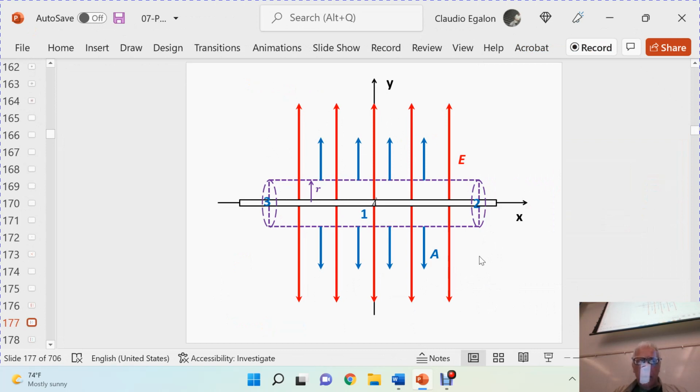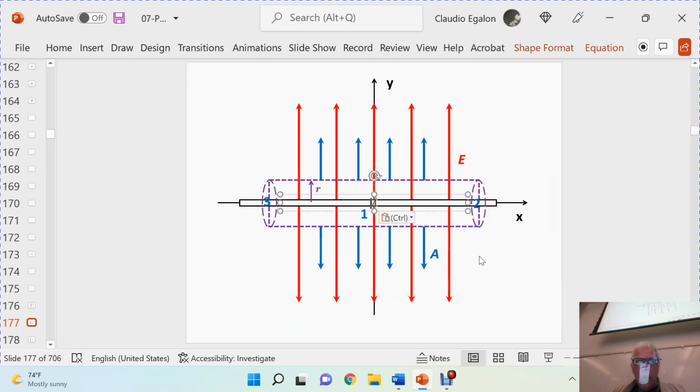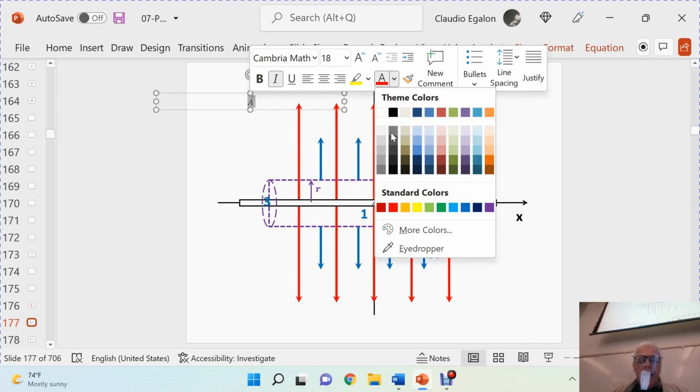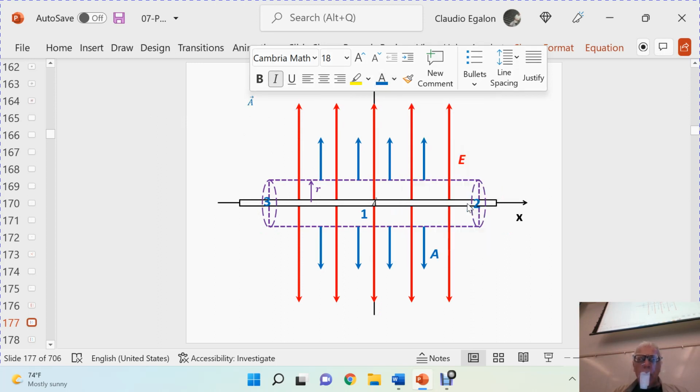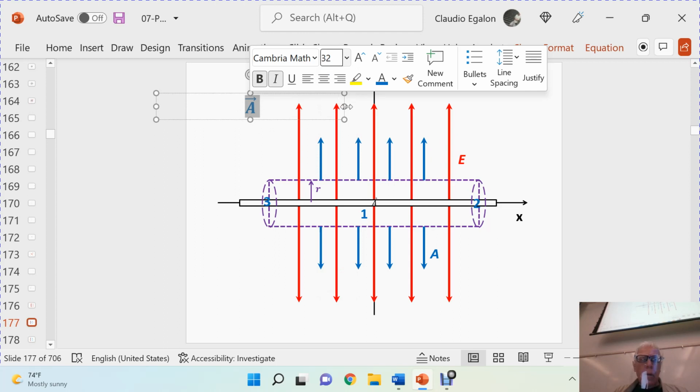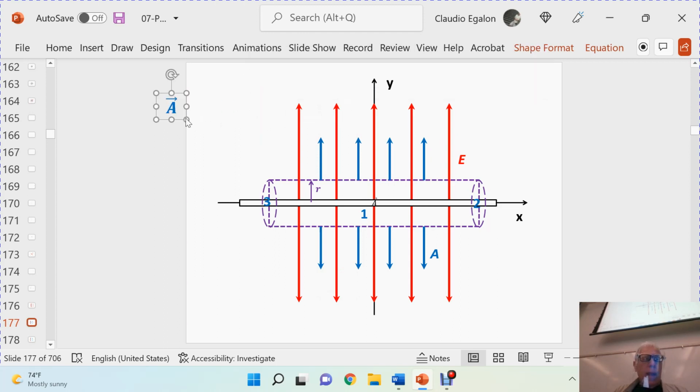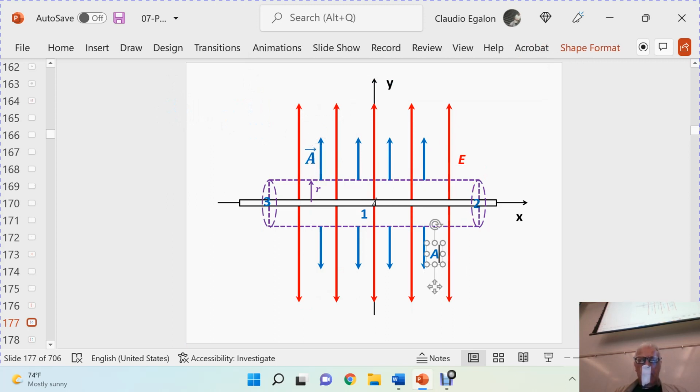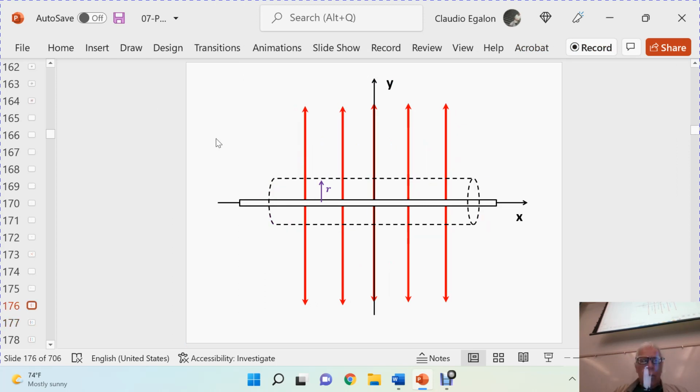Okay, finally, I got it. I'm going to put the area vector here with the blue color, so you can associate this area vector with what you see there. And I'm going to make it larger as well. I made my area vector without the arrow, but I prefer this one here. Each of those blue arrows is an area vector.